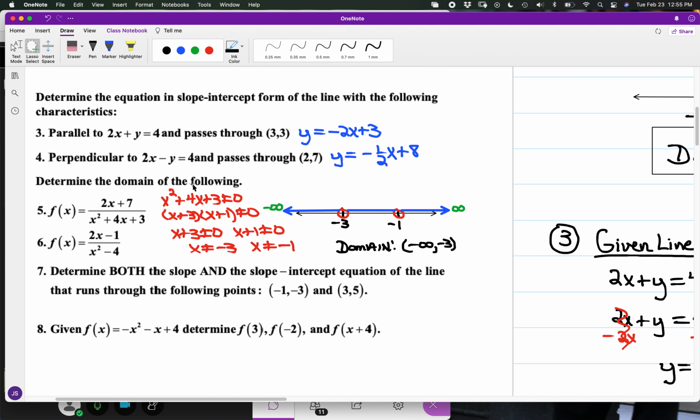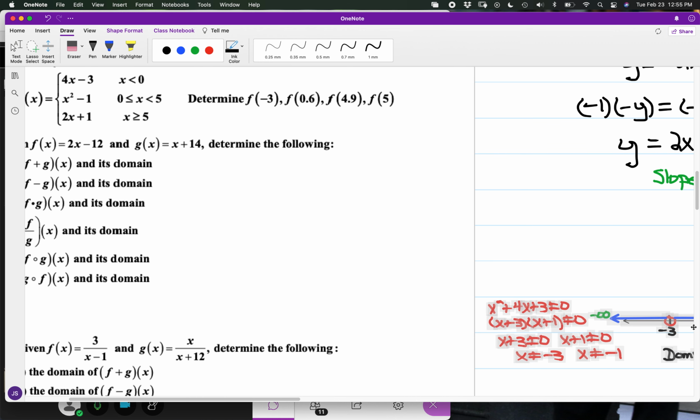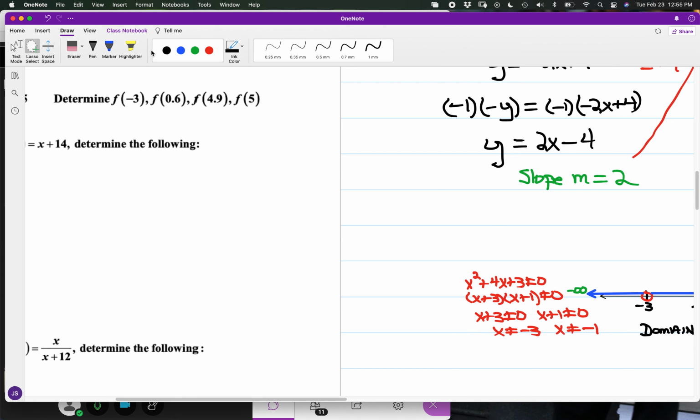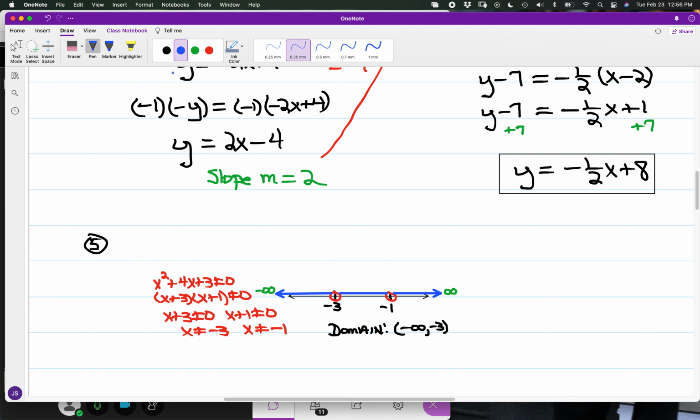So we have values of x less than negative 3, then values of x greater than negative 3 and less than negative 1, and for the rest, values of x greater than negative 1.